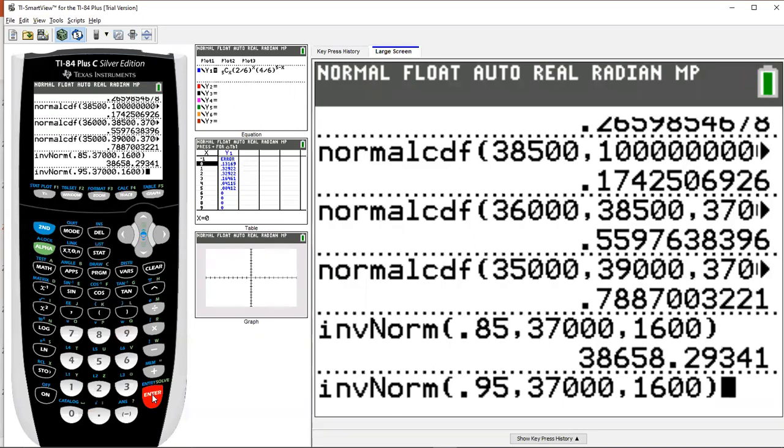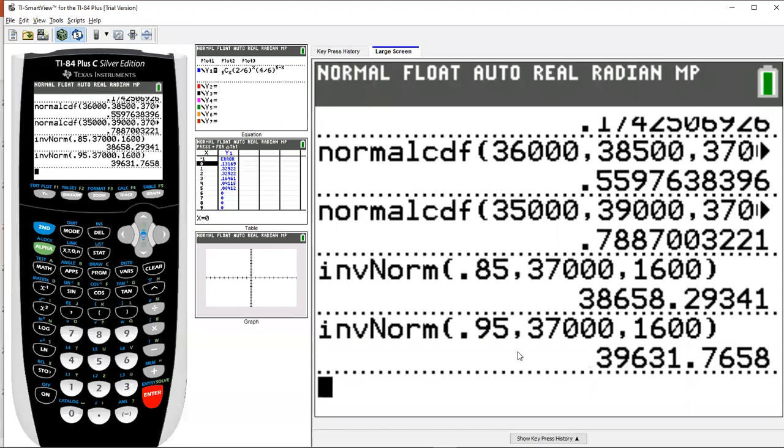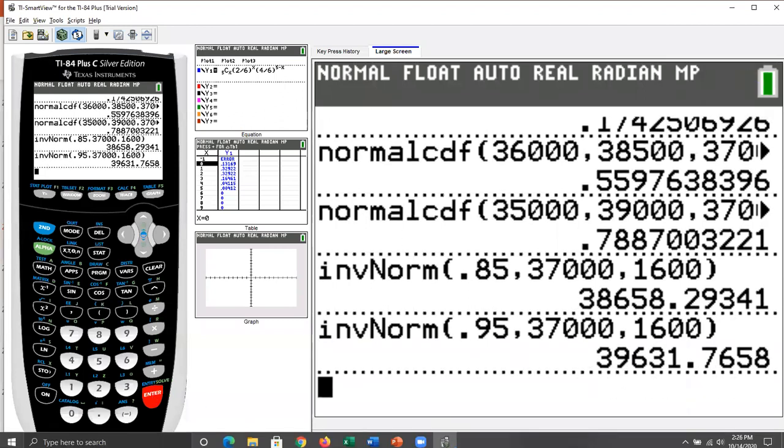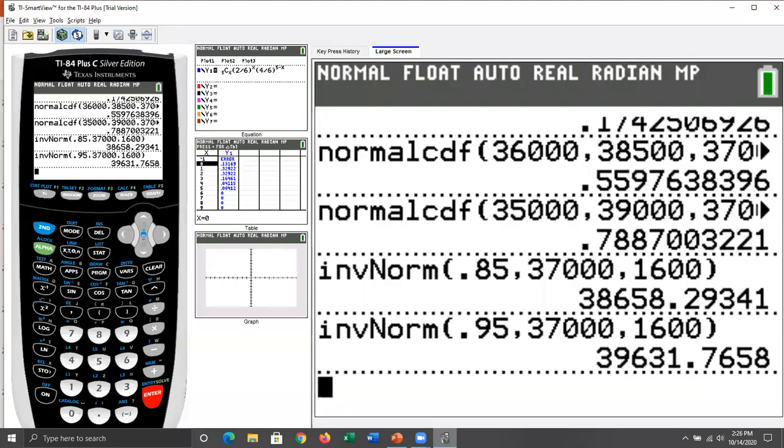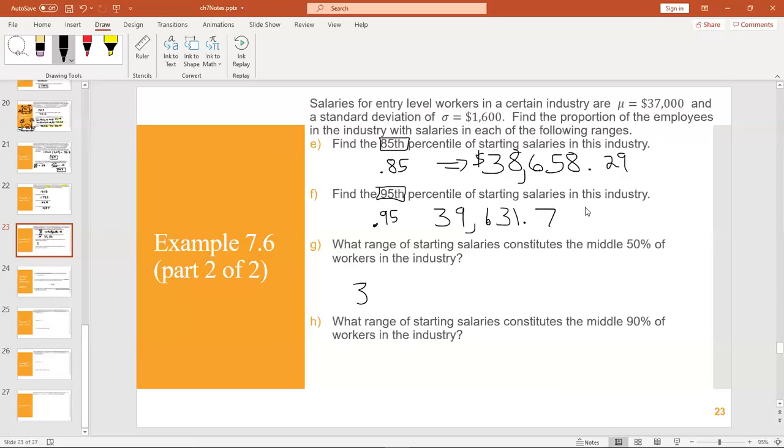Mean and standard deviation are the same as they were before. 39,631, and how much change is that? 77 if you round that off. So that would be the amount of money for that one.